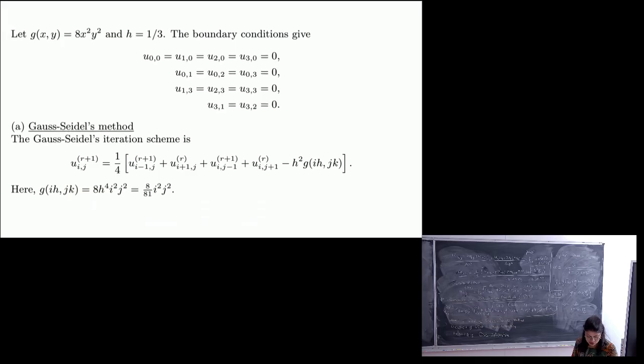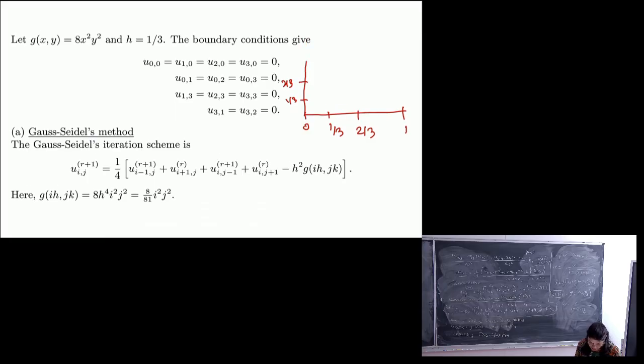So we are assuming our, okay, let me draw this diagram. So this is 0, 1 by 3, 2 by 3, next point is 1 here, and in this direction also we are given 1 by 3, this is 2 by 3, and this is 1.